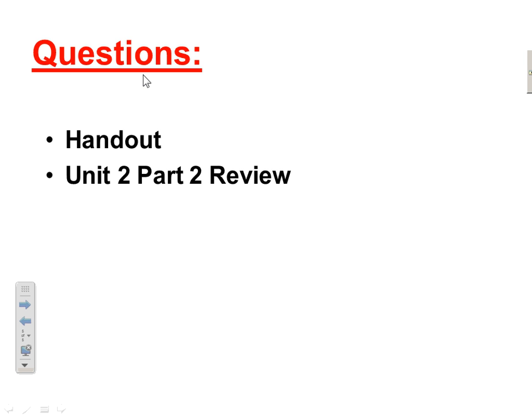So work that you can do right now. There's a practice sheet online, all right? And there is also an assignment on Google Classroom. That's going to be collected. That's going to be due on Monday, I believe. And you can also look at the Unit 2 Part 2 review.